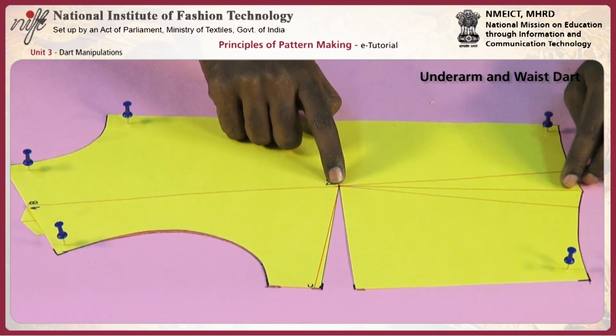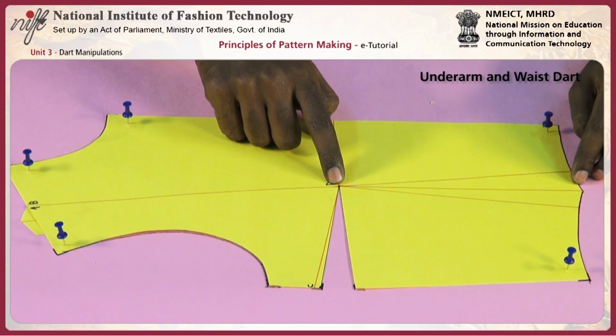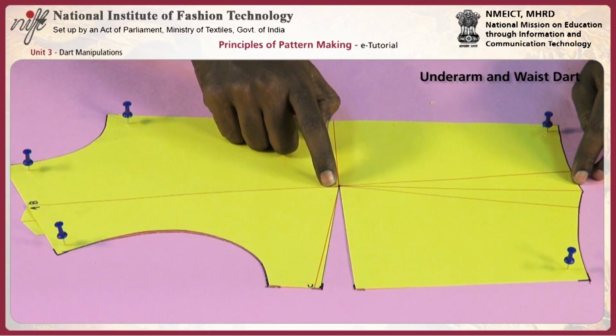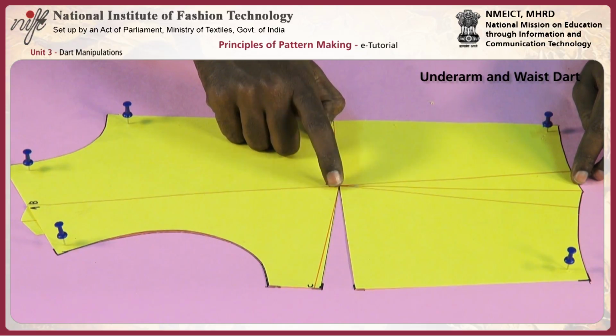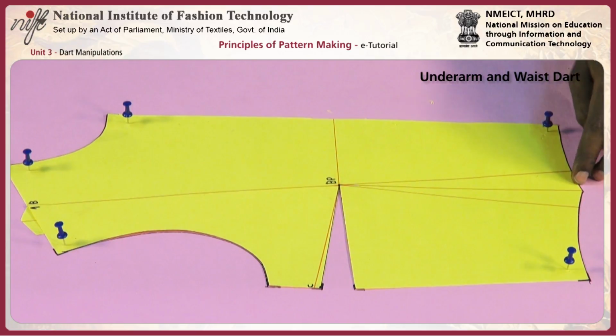Now if you make the dart till bust point, it will be two pointed. To make a smooth effect at the bust point, you have to reduce half an inch on both waist dart and underarm dart.